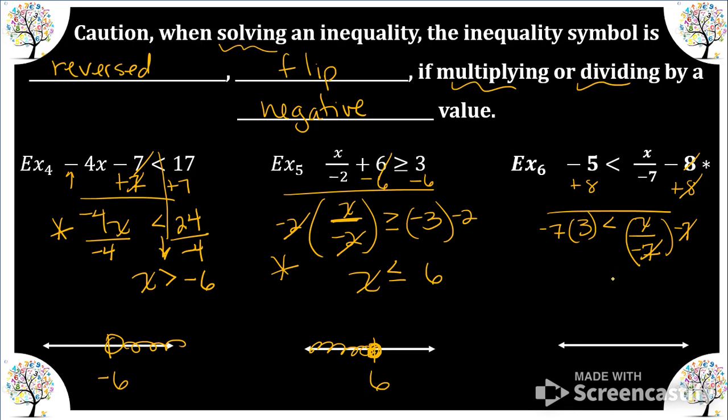I must reverse the inequality because I multiplied by a negative. So we can either leave it as is and say x is less than negative 21, or flip the entire statement so it still says x is less than negative 21. Negative 21 is not part of the solution set. It's not included, and we shade to the left.